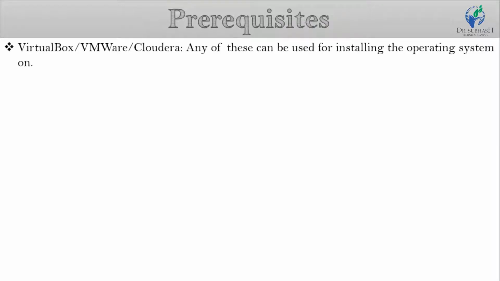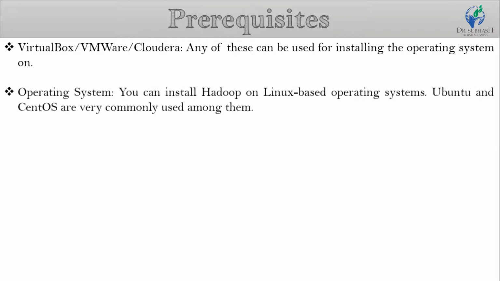So, first are the prerequisites of the installation. First is VirtualBox, or we can say VMware or Cloudera. Any of these can be used for installing the operating system on. Next is the operating system.